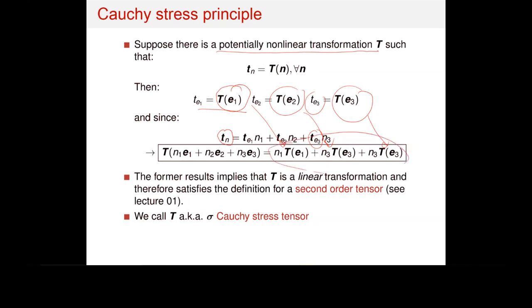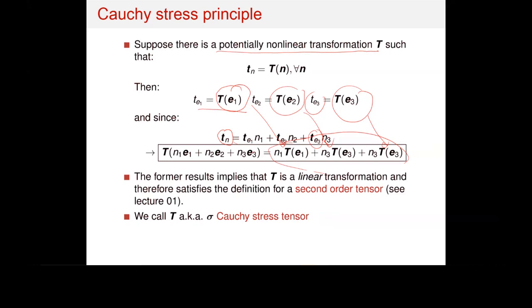Now, at the same time, you know from the beginning that Tn is the normal direction multiplied with t. So you have that written here as well. So you have both sides to be equal. And if this equation is satisfied, this will mean that this is a linear transformation. So if it is nonlinear, this equation cannot be true. But we know this equation is true because we know that Tn is equal to these quantities there.